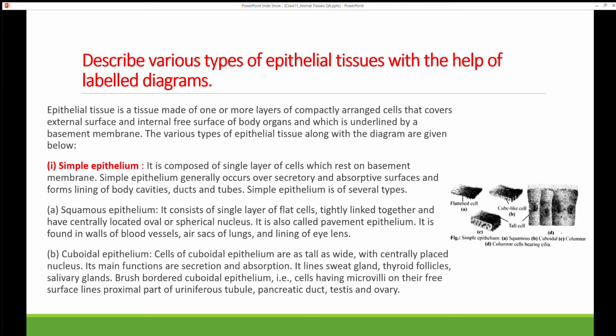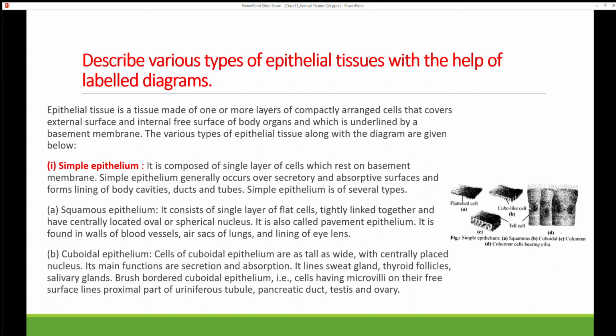The main function you need to remember is secretion and absorption. Cuboidal epithelium is present in sweat glands, thyroid follicles and salivary glands. Brush-bordered cuboidal epithelium has cells with microvilli on their free surfaces. The uriniferous tubule, pancreatic duct, testis and ovary also contain cuboidal epithelium.